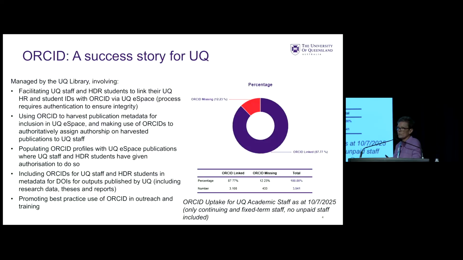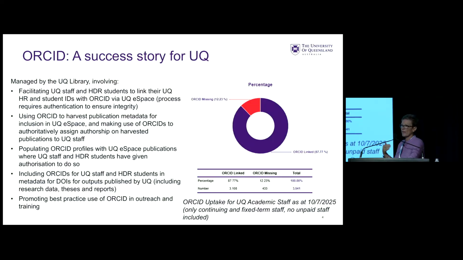So ORCID was a real success story for UQ because it was run as a whole-of-university strategically funded project over a number of years, a couple of years in two different phases. And just in terms of its success, we're currently sitting at around 88% of UQ academic staff having an ORCID that's linked to UQ systems.